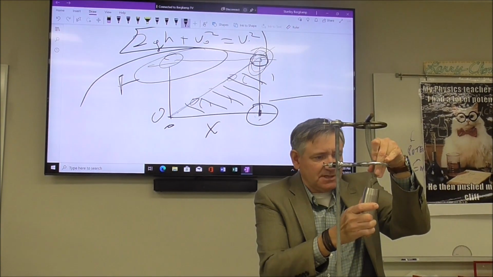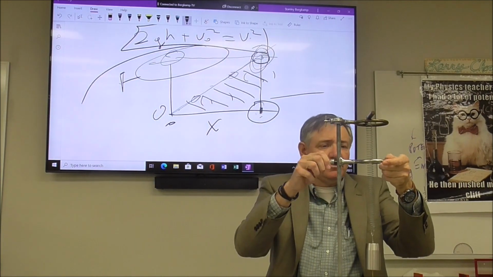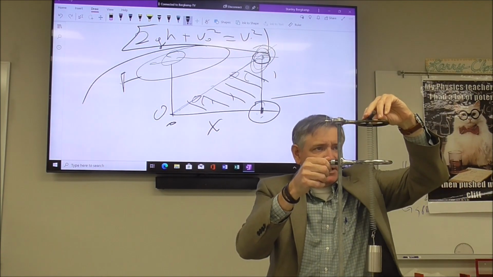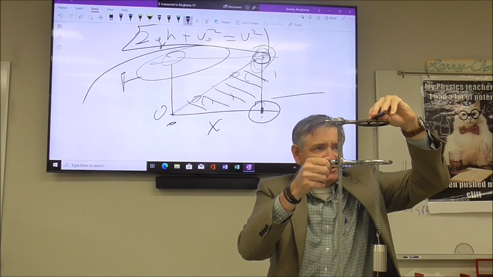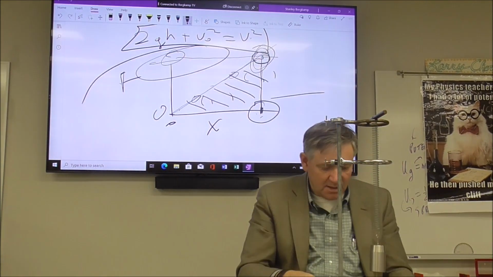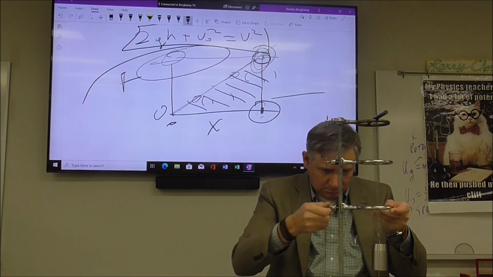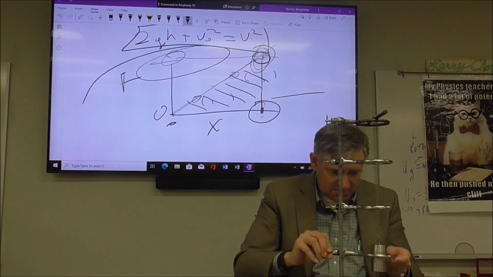Hook this up, like so. This is why you want to use these rings and this rod, so you can adjust them so that it's right in the middle of these rings. So lift this up, kind of like here, and have this something like this.